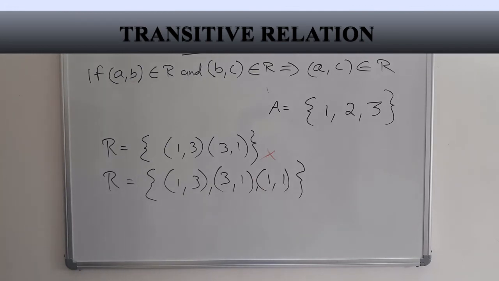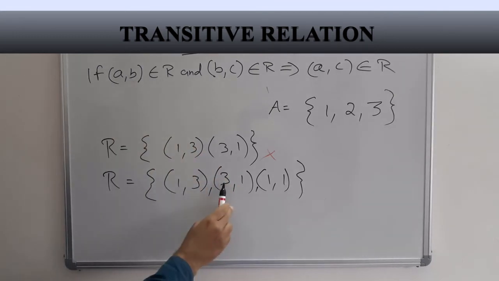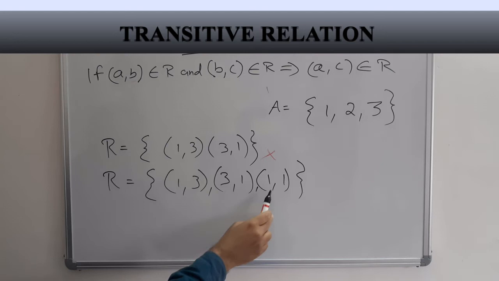So we don't stop here. We take the next pair as the first in the condition, and it is 3 comma 1. And the second one is 1 comma 1. So this is the B. The 1 comes here as the second element in the pair and the first element in another pair. So this is the first pair and the second pair.